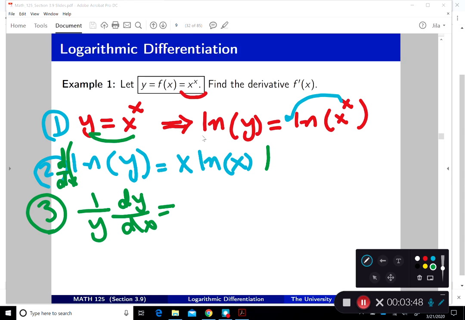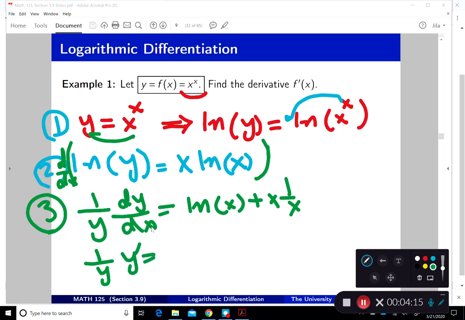And on the derivative of this side, I see a product rule, because it's x times natural log of x. The derivative of the first one is 1 times the second one, plus the first one times the derivative of the second one. So if I simplify, I end up with 1 over y times y prime is equal to natural log of x plus 1.